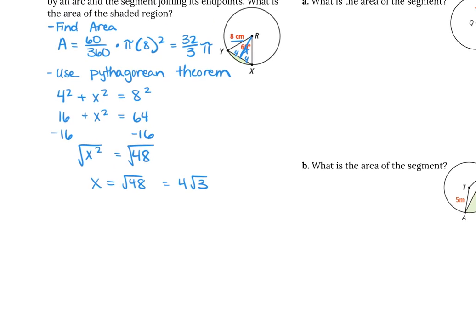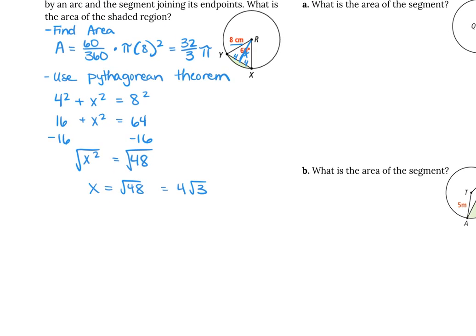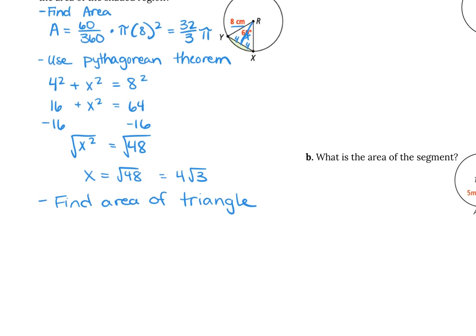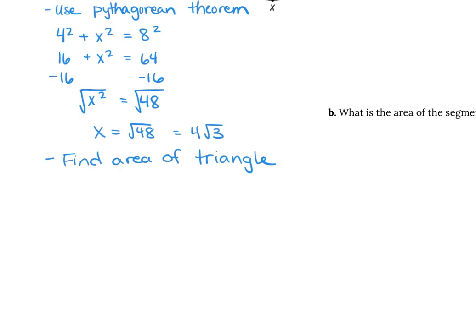Okay, so I have found the height of that triangle essentially, so now I can find the area of that triangle. My formula for area of a triangle is 1/2 base times height.